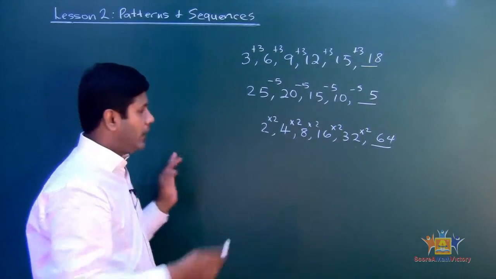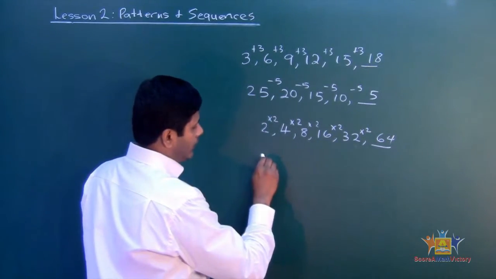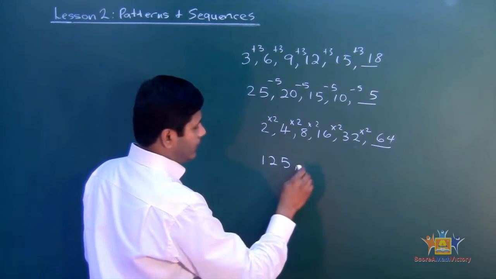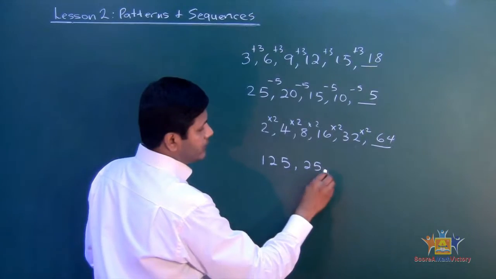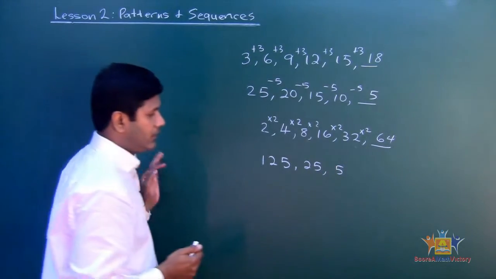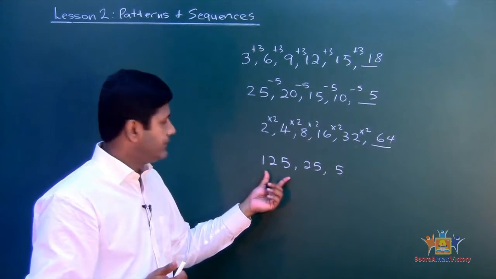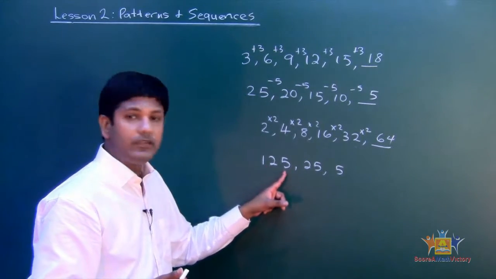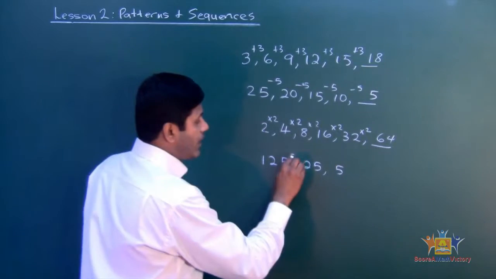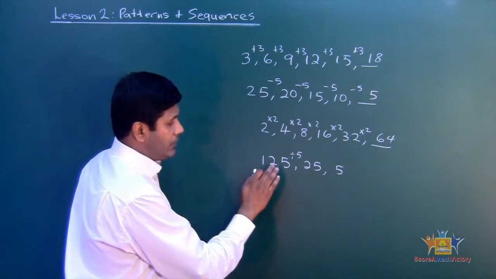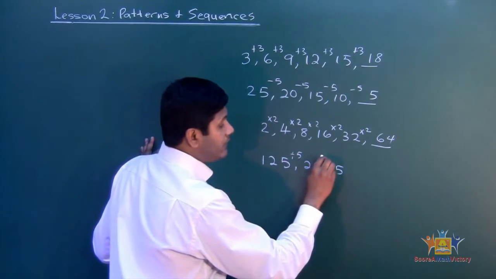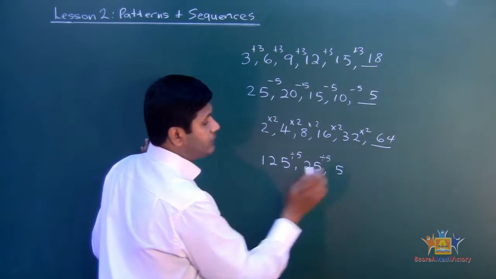See that? How about this one? Let's say I give you 125, and then 25, and then 5. What kind of pattern is that? I'm taking 125 and dividing it by 5. 125 divided by 5 is 25, and then 25 divided by 5 is 5.